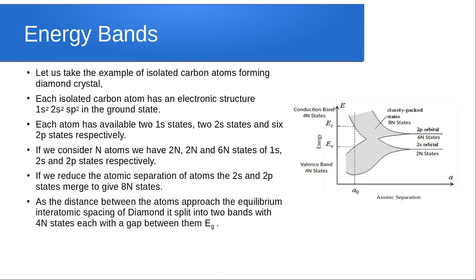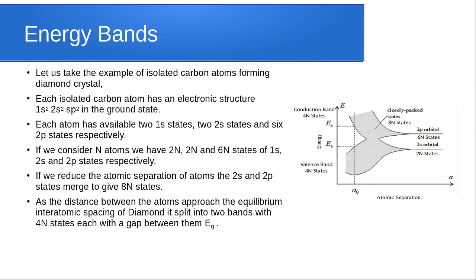Now the 8 bands formed by the merger of 2s and 2p states will be split into 2 bands with 4n states each. And these 2 bands will be separated by a gap Eg, which is the energy band gap.